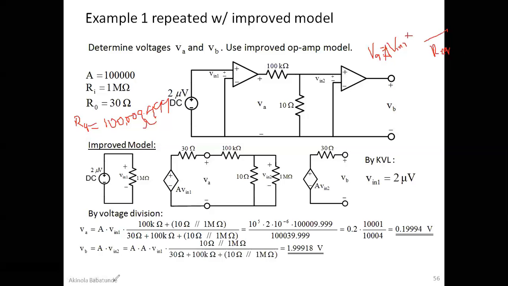Our R equivalent can be found by looking at the equivalent of all resistances in the circuit. These guys are still in parallel, plus 100K now, then plus 30. So these guys are in series plus these guys in parallel.